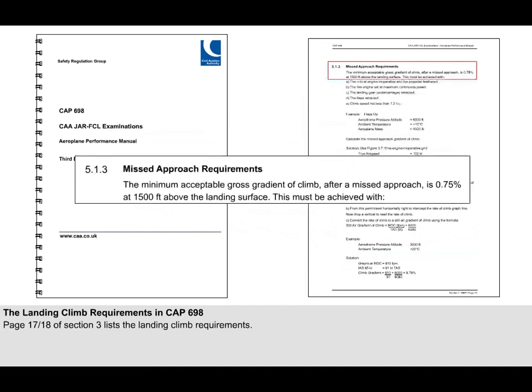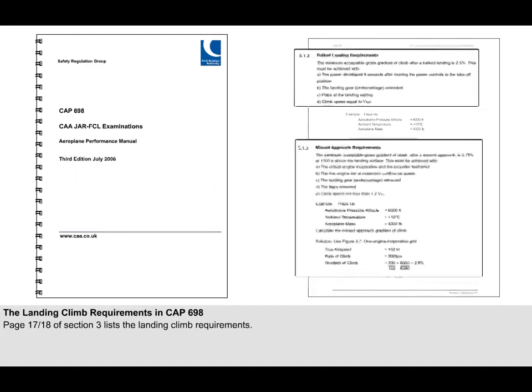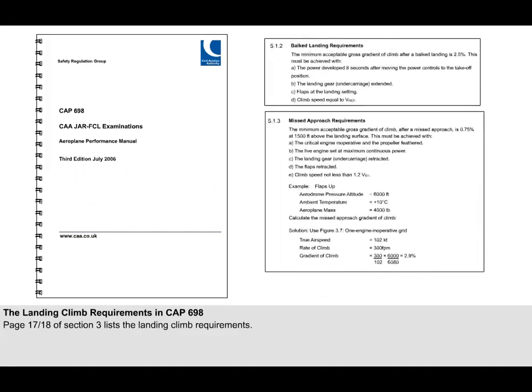On the following page is the one-engine climb requirement, this time called the missed approach requirement. Remember that the minimum acceptable gradient must not be less than 0.75% at 1,500 feet above the aerodrome. Thankfully then, these landing climb gradient requirements need not be committed to memory.